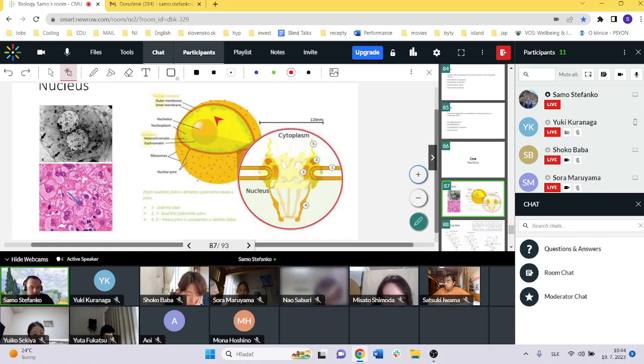So mRNA is synthesized in the nucleus, and through the pores it gets into the cytoplasm. On its surface, you can also see ribosomes attached. As they are attached to rough endoplasmic reticulum, they can also be attached to the nuclear membrane.